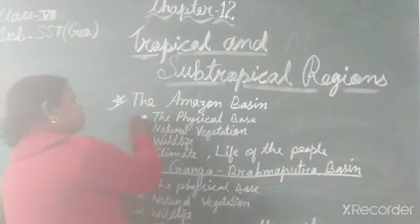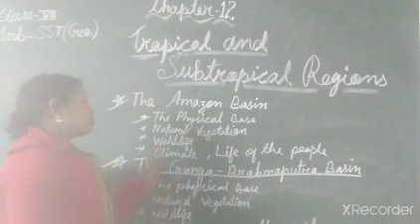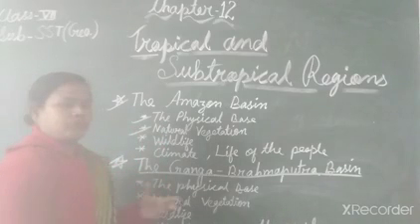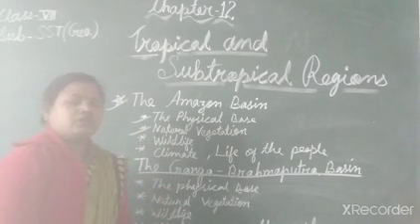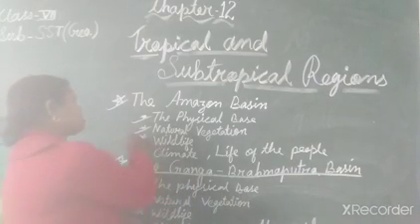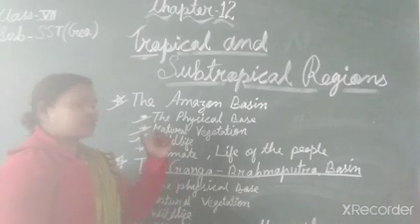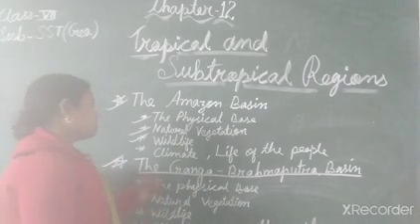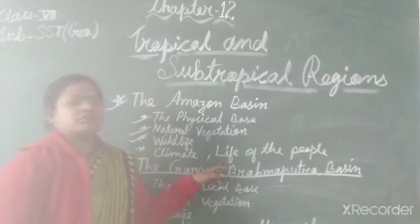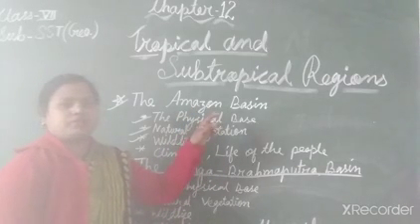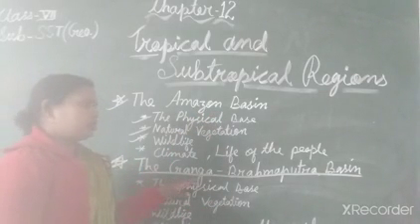We are going to study about its physical condition, its natural vegetation, what type of vegetations are found there, the trees, the plants, its wildlife, which type of animals are there, climatic conditions, and the life of the people who are living in this region that is called Amazon basin.